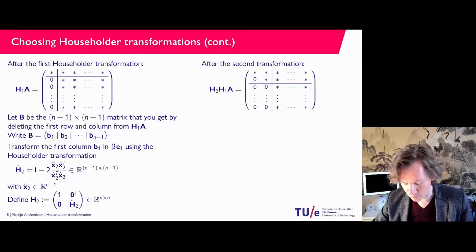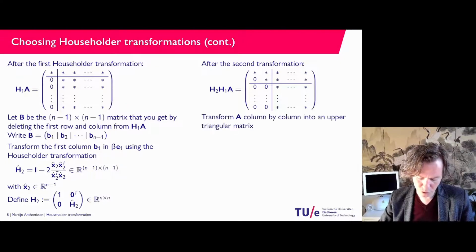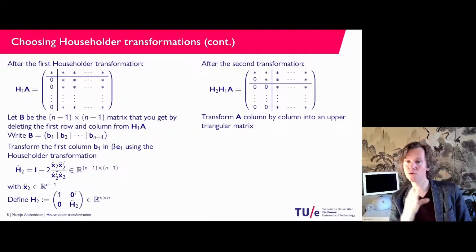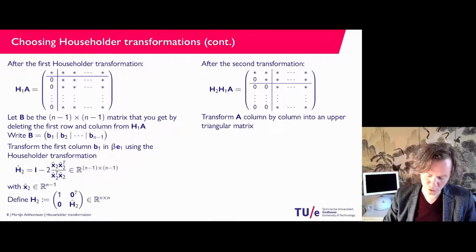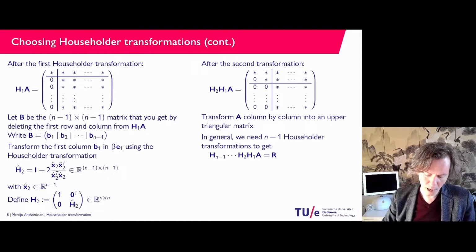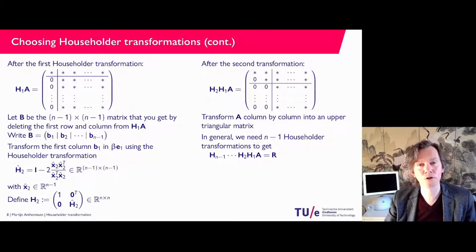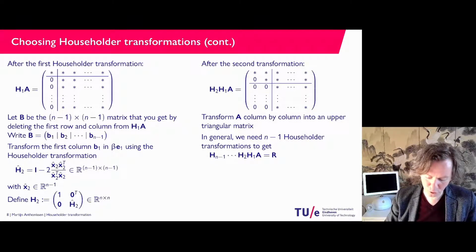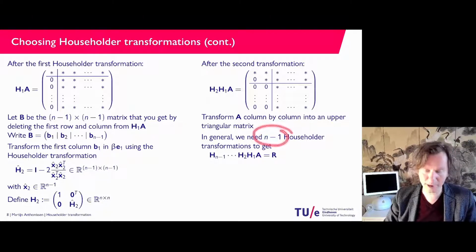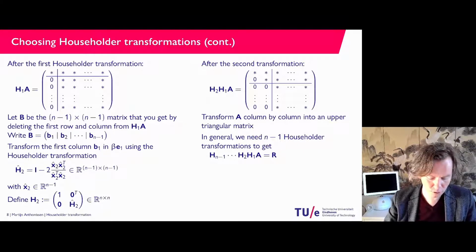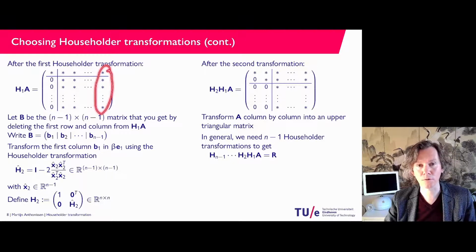which we could call C, and so on. So what you will see is that you can transform your matrix column by column into an upper triangular matrix. In general, you may be lucky that you already get zeros, but in general, you will need n-1 Householder transformations, because the last column, you don't need to create zeros there.